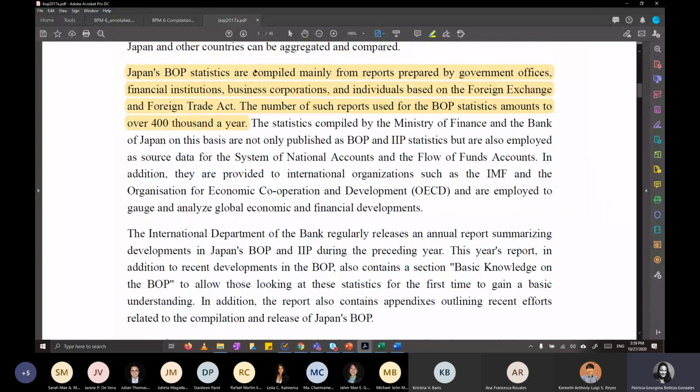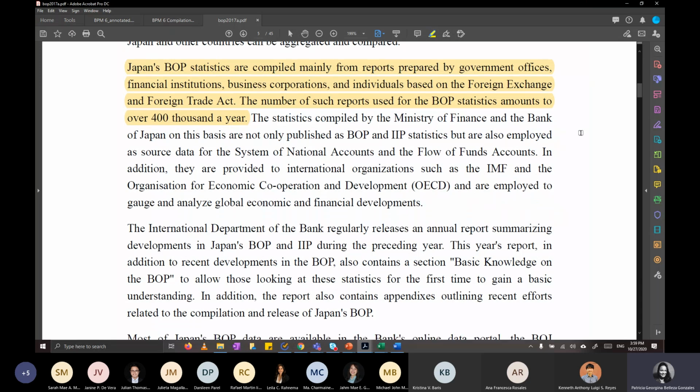It says here that they are compiled mainly from reports prepared by government offices, financial institutions, corporations, and individuals based on the Foreign Exchange and Foreign Trade Act. And then the number of such reports used for BOP statistics amounts to over 400,000 a year. So it's a big undertaking to actually compile statistics on balance of payments, as again, there are so many parties involved and parties residing in different economies for that matter.